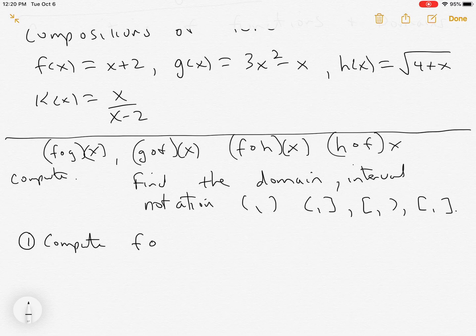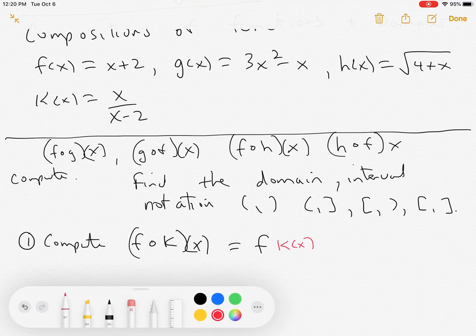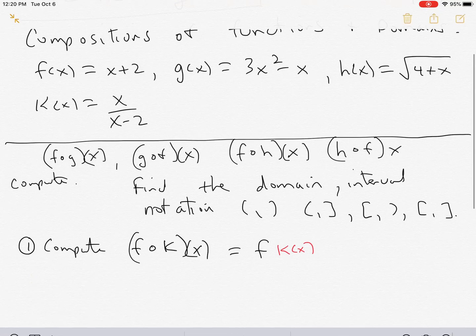f composed with k of x. And I always like to write it like this. This is f of, and the input here is k. So it's f of k of x.